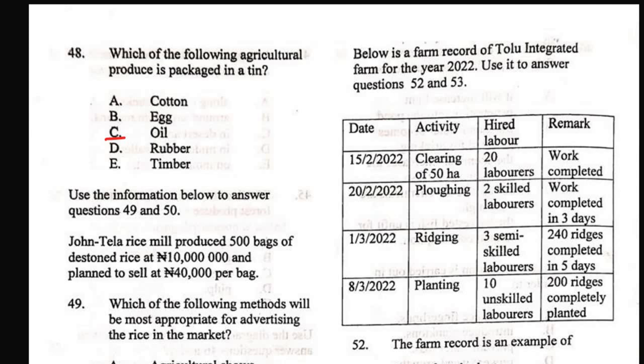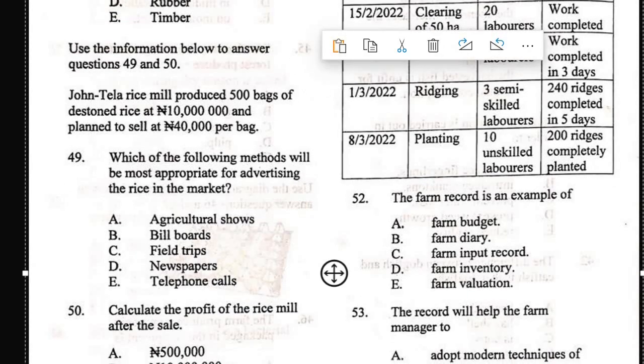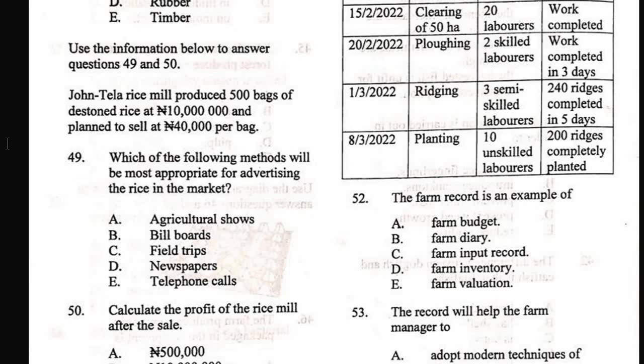Now let's use the information below to answer questions 49 and 50. John Teller Rice Mill produced 500 bags of destoned rice at 10 million naira and plans to sell at 40,000 naira per bag.